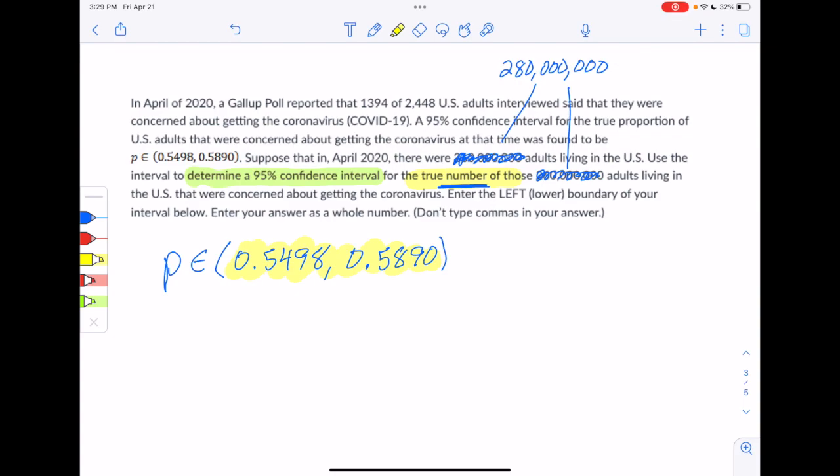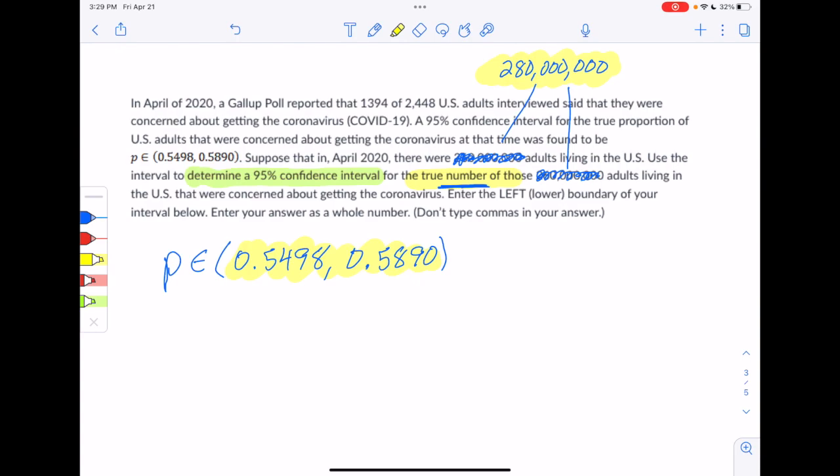Well, the 0.5498 on the left represents 54.98% of the adults were concerned about coronavirus as a lower boundary. But when we say 54.98% of the adults, we're talking about 54.98% of the 280 million adults.